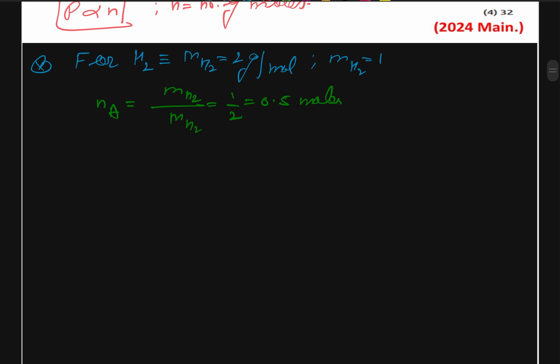Similarly, we can write for oxygen. For oxygen, the molar mass is about 32 gram per mole, and the given mass of oxygen is 1.